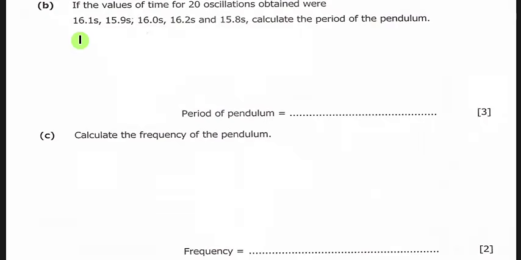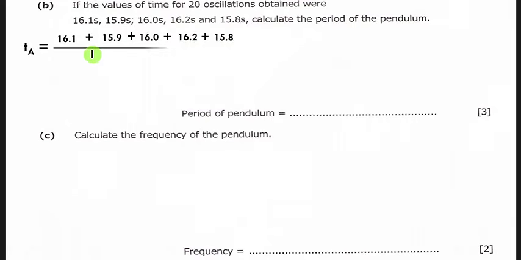So since he collected these times here, if they are saying calculate the period of the pendulum, before he calculates, he needs to know the average time these 20 oscillations took. So the average time, which I'm calling T average, you must add all the times here, this plus that plus that plus that, then divide by the number of values, 1, 2, 3, 4, 5.